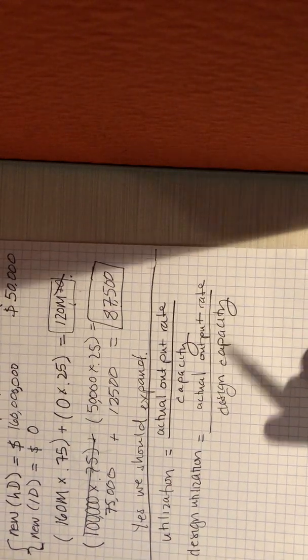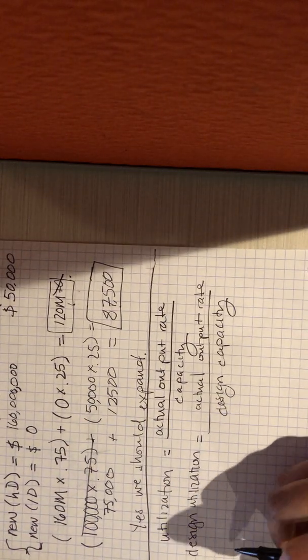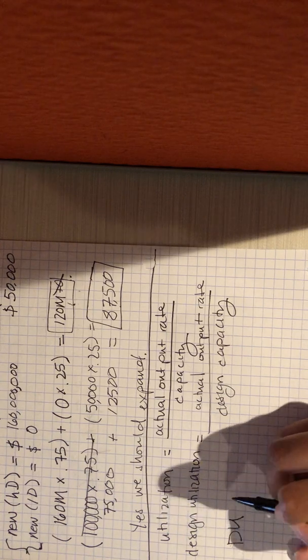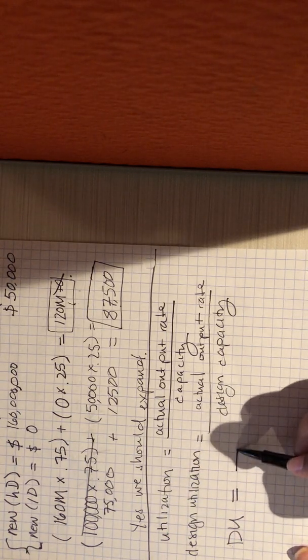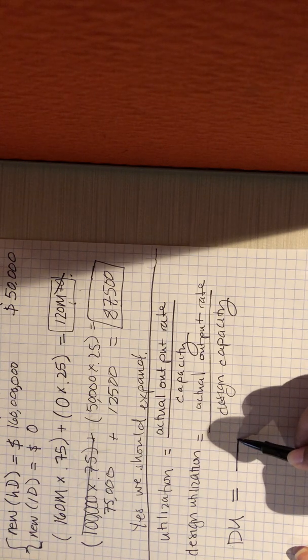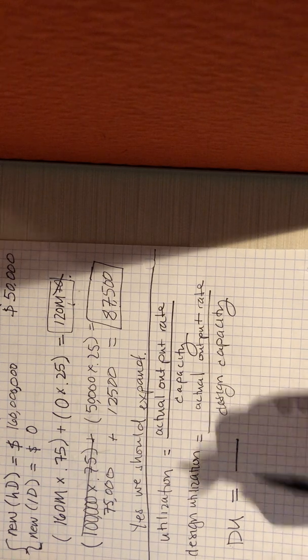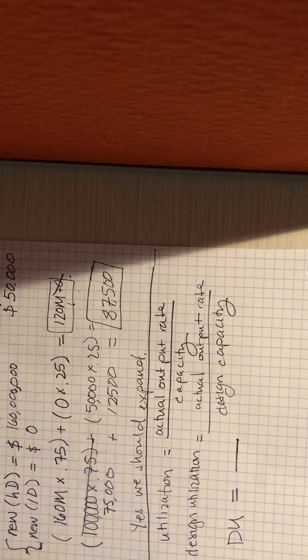So our DU, our actual output rate was given as the clinic was open for 10 hours and gave flu shots to 330 seniors. So that's given as a total value per 10 hours.